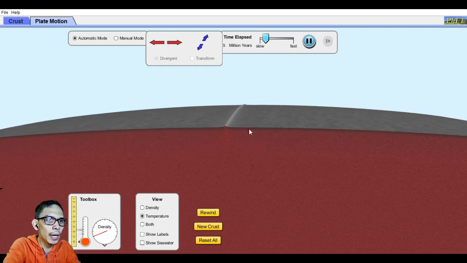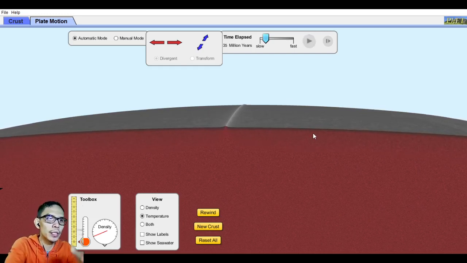As new material is being brought here at the center of the ridge, it creates this gap at the center where the plates on both sides are pushed away from each other.